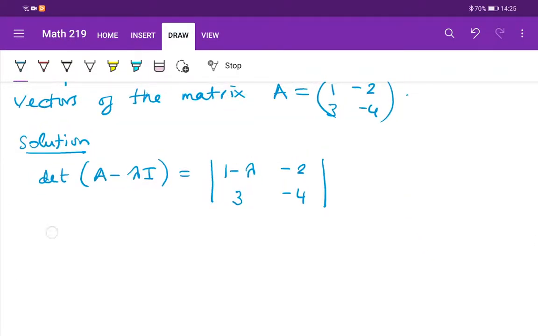Okay, and we can compute that this is 1 minus lambda times minus 4 minus 3 times minus 2. Okay, sorry, there's a slight mistake here. There should be minus 4 minus lambda, of course, here. So let's correct this as well.